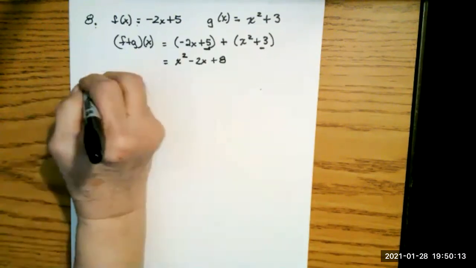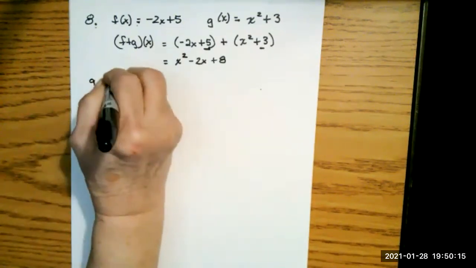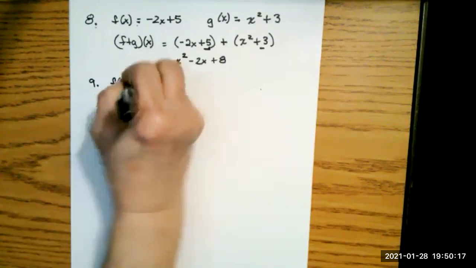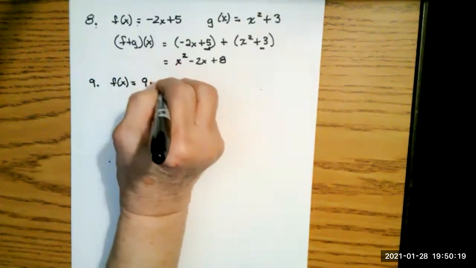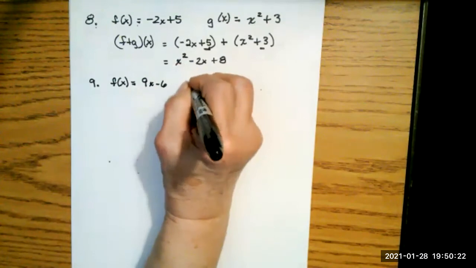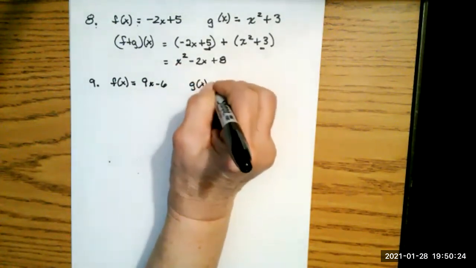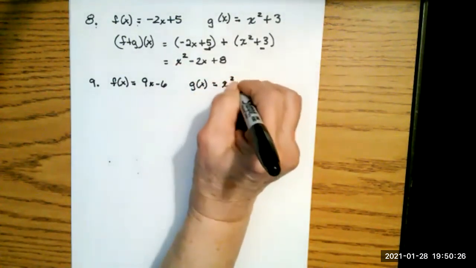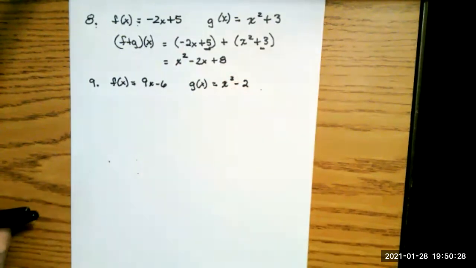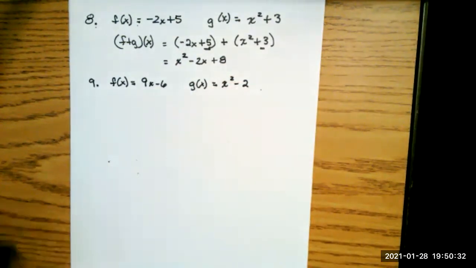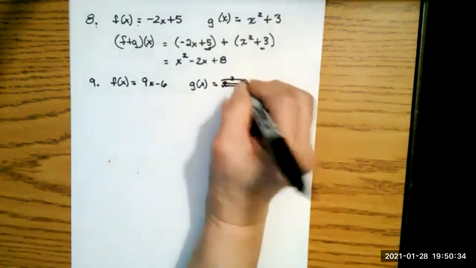Okay, number 9, they changed functions. F of x equals 9x minus 6, and g of x equals x squared minus 2. And they want us to find, oops, sorry, I skipped across.